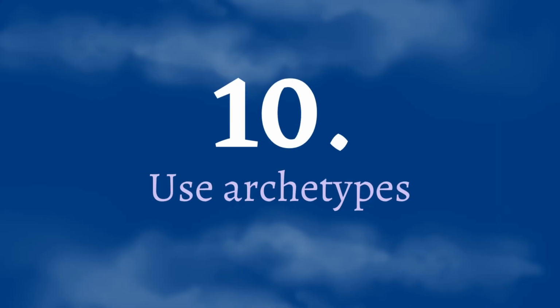So, the other thing, number 10, use archetypes. Now, archetypes are intended to be used to create relatable characters. Basically, it's a universal symbol like a mentor, the shadow, the trickster, things like that.